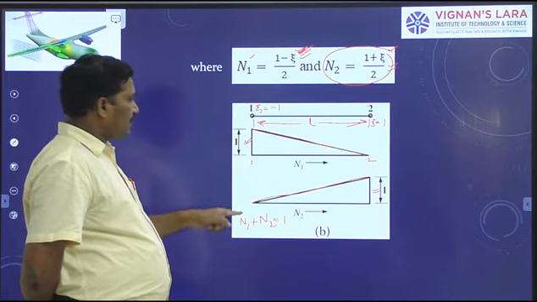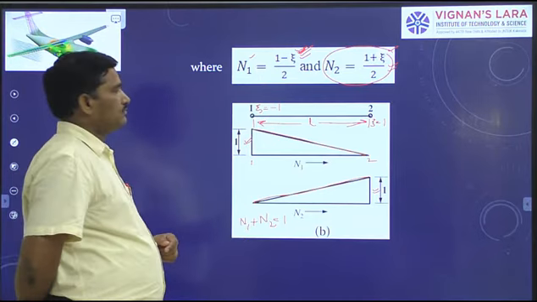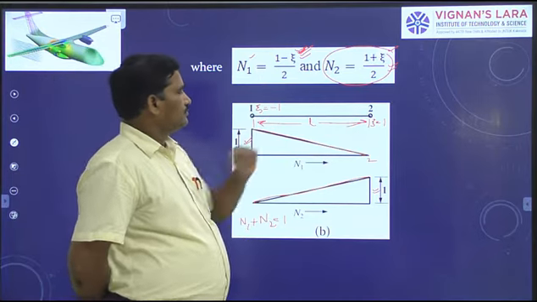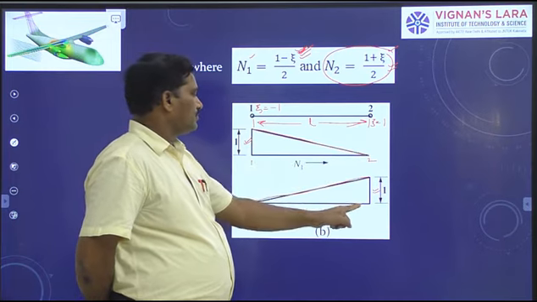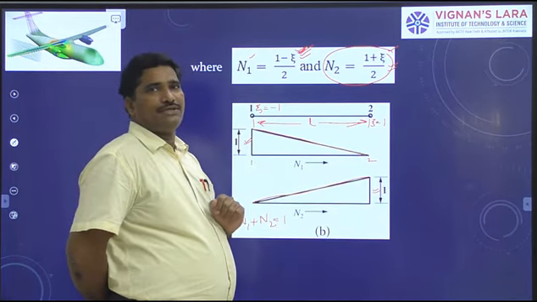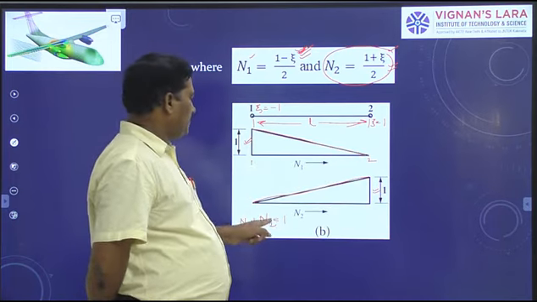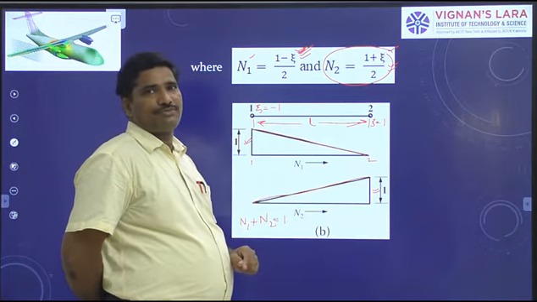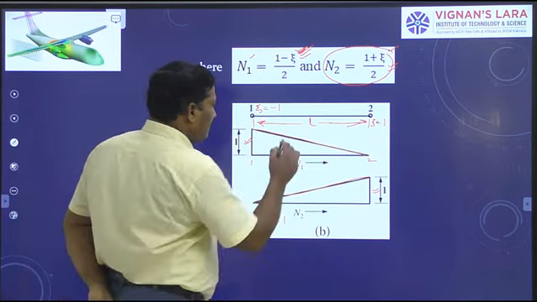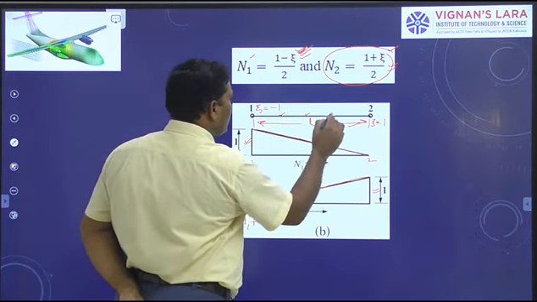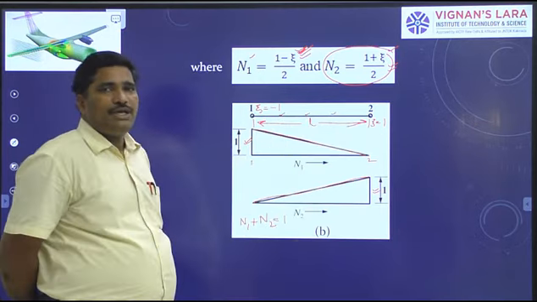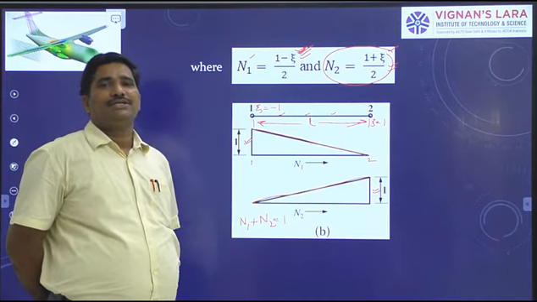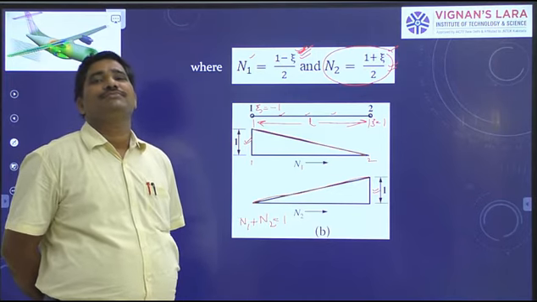Therefore, n1 plus n2 equals 1. At node 2, n1 is 0 and n2 is unity. Therefore, n1 plus n2 equals 1 at node 2. At any point on the element, if you determine the sum of the shape functions, it is unity.